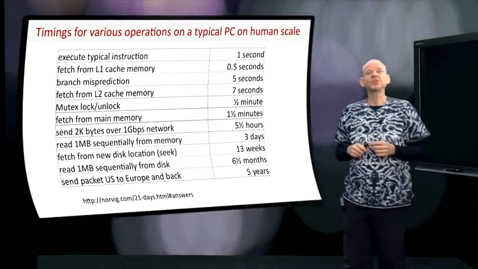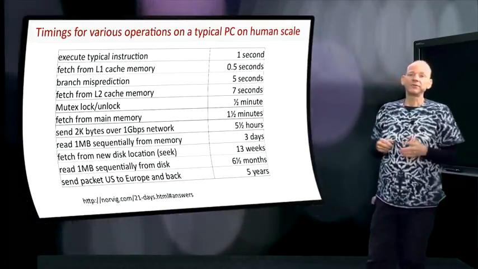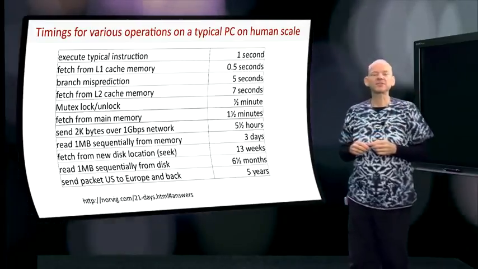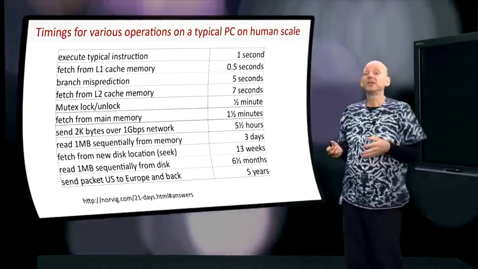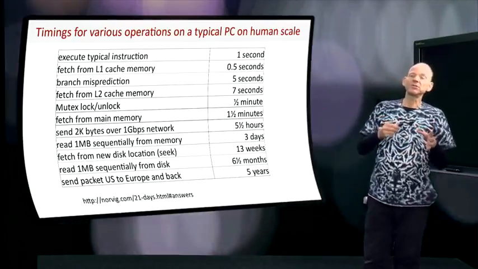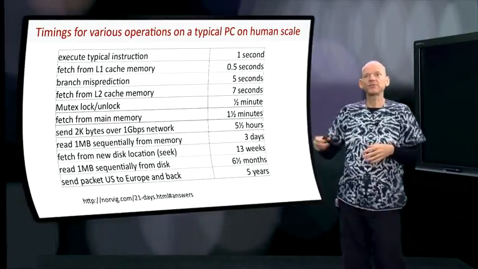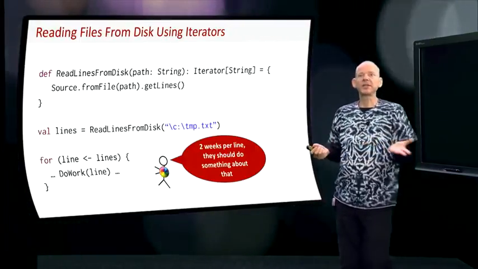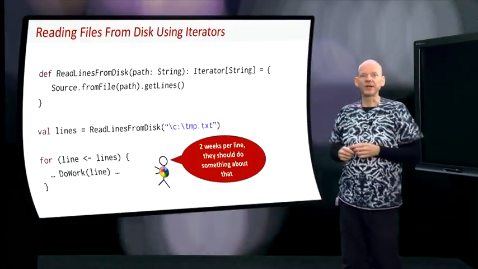Now let me remind you of the typical execution times of a PC on a human scale. Remember, sending packets took a long time. Reading from memory took a long time. And what we're going to do now is use iterables to read stuff from disk. So here's the example. readLines from disk takes a path, and returns an iterator of string.